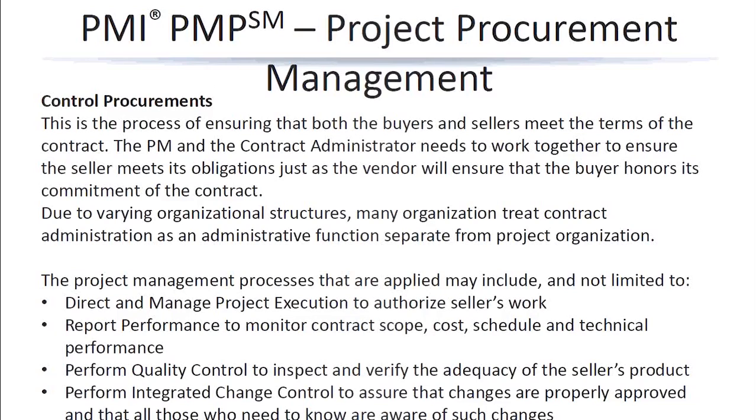Sellers produce deliverables, that is product, service, or result. That will be verified by the buyer, and the buyer will have to pay against the deliverables met and as per the contract. So most of the time the contract administrator needs to work together with the project team.